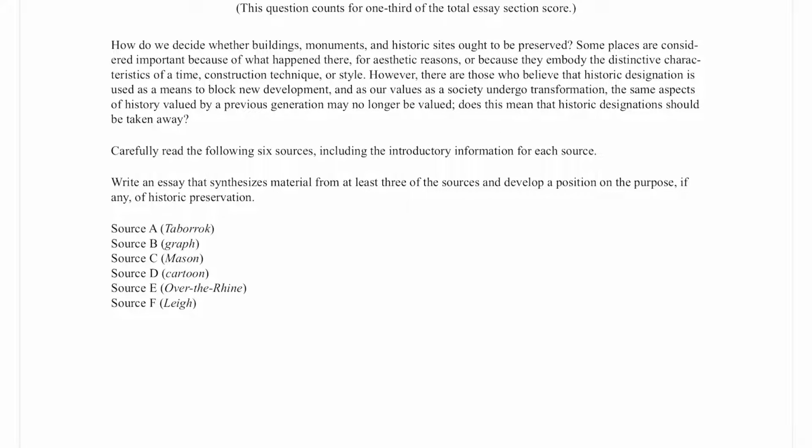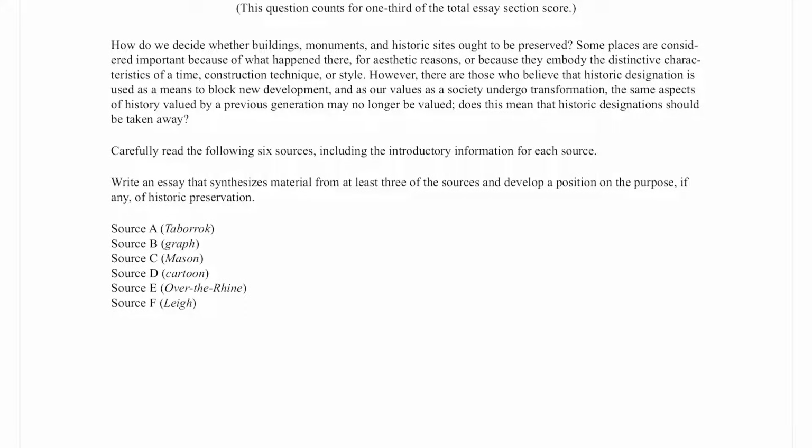However, there are those who believe that historic designation is used as a means to block new development, whatever that means, okay? And as our values as a society undergo transformation, the same aspects of history valued by a previous generation may no longer be valued. Does this mean that historic designation should be taken away?